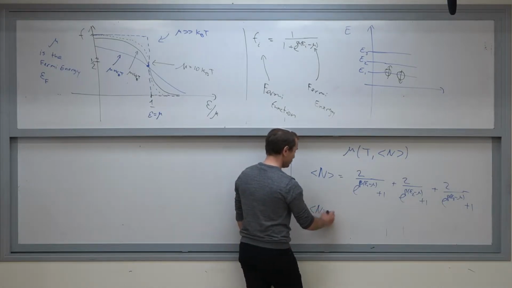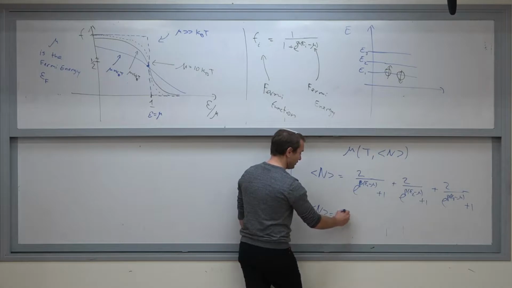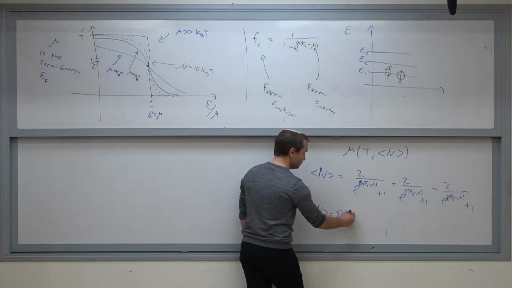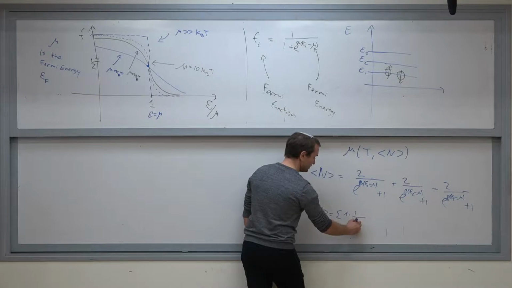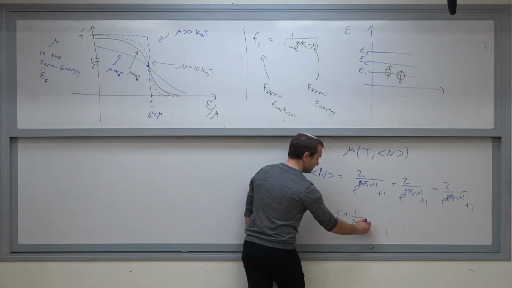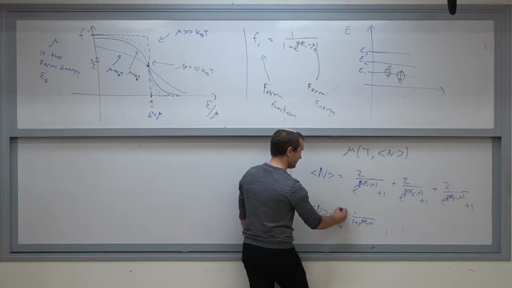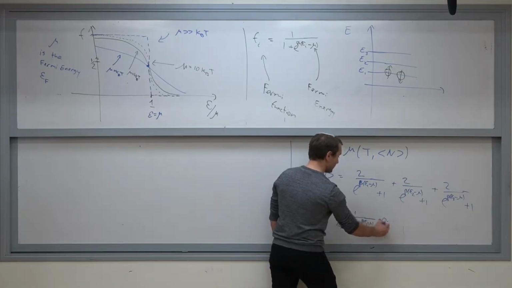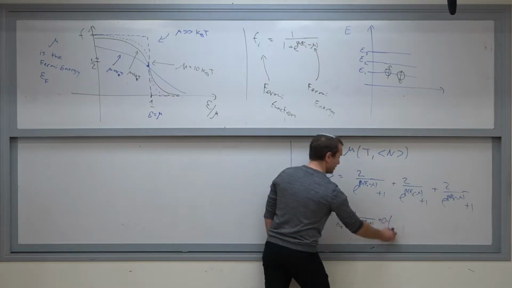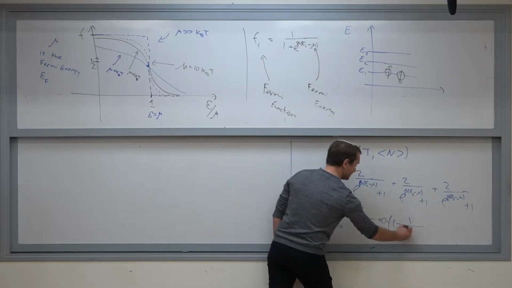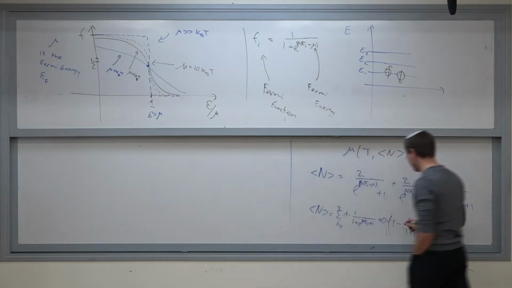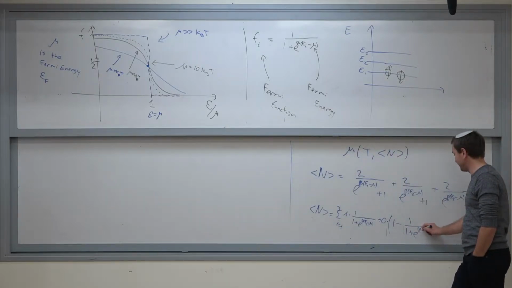The average was a sum, for i from 1 to 3, of 1 multiplied by 1 divided by 1 plus e to the power of beta epsilon i minus mu, plus 0 multiplied by 1 minus 1 divided by 1 plus e to the power of beta epsilon i minus mu.